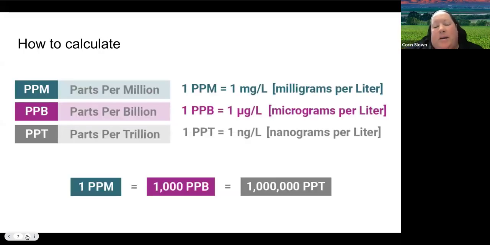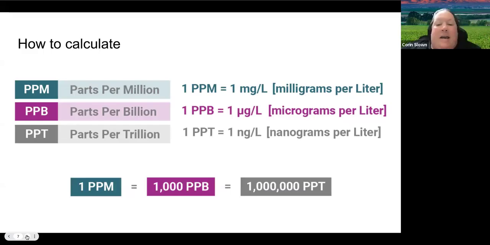So at this point, hopefully you got practice with your pattern of inquiry doing calculations. So converting between parts per million and milligram per liter, or parts per billion and microgram per liter, or parts per trillion and nanogram per liter. What I want us to be able to think about today is the relationship between those and how you interconvert.